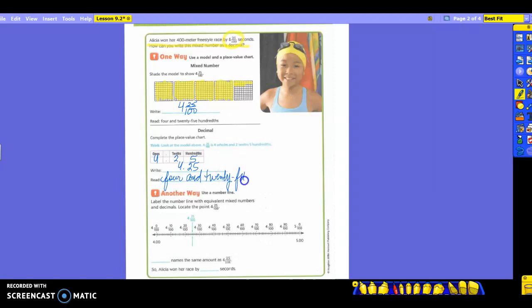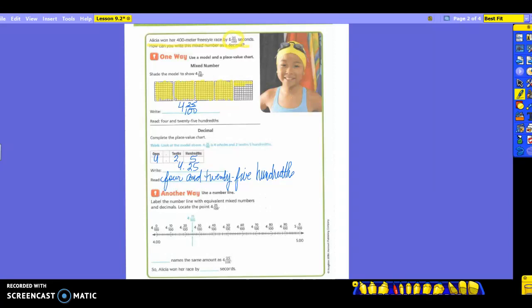So make sure that you hyphenate 25. And what place am I in? Hundredths. So spell hundred and then add the THS. Hundredths. So 4 and 25 hundredths.